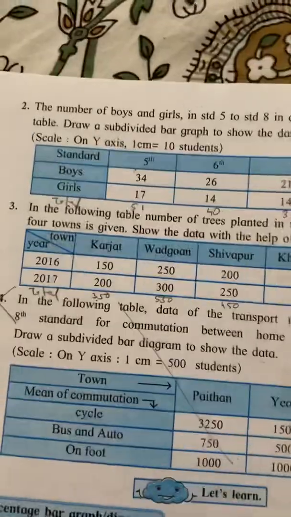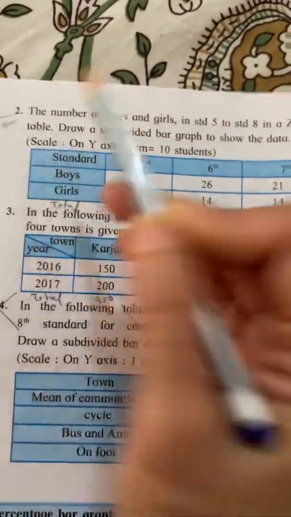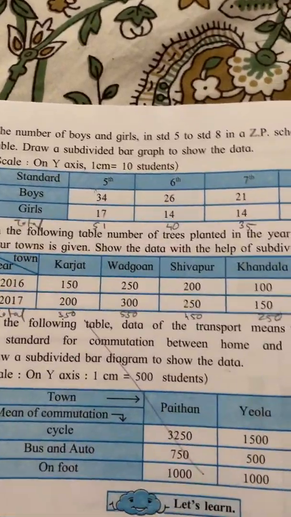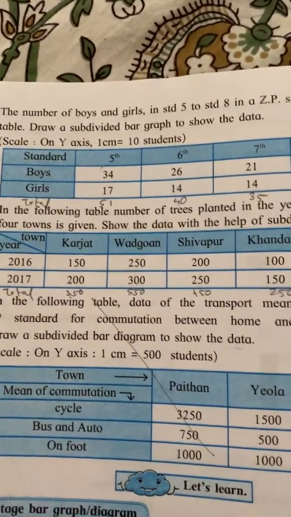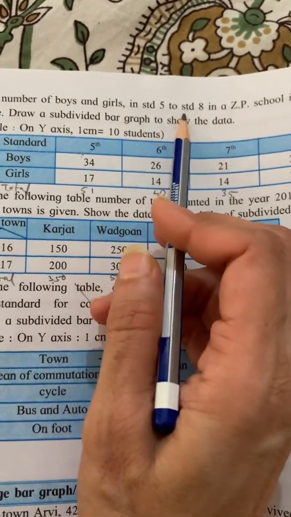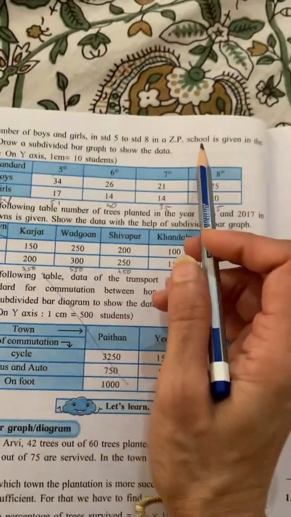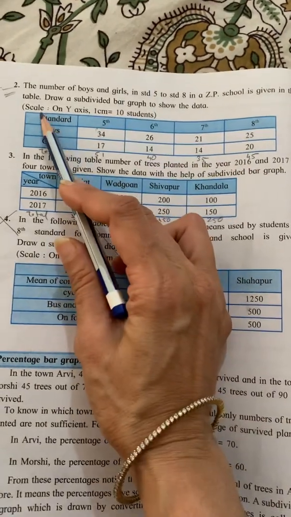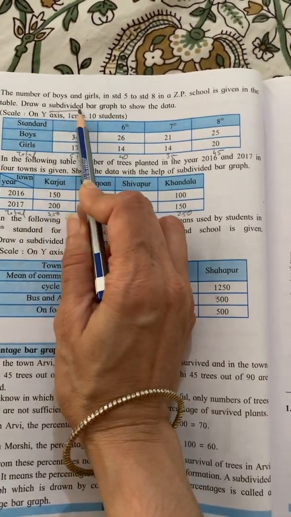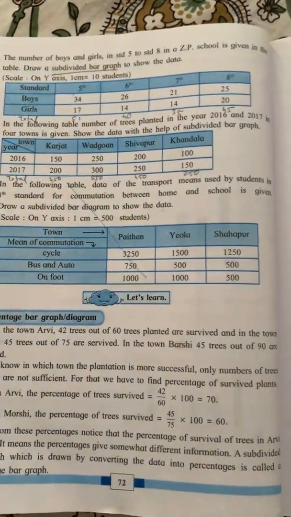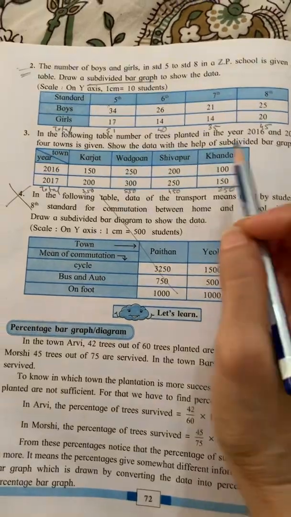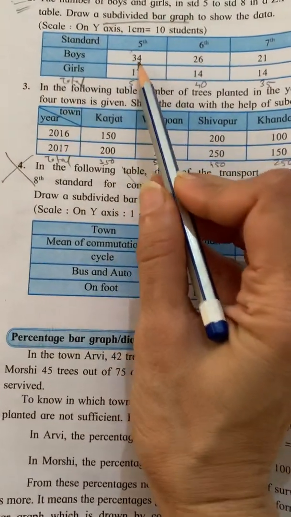Now I will solve question number 2. In question number 2, they have said the number of boys and girls in standard 5th to standard 8th in ZP school is given in the following table. Draw a subdivided bar graph. Now here they have mentioned a subdivided bar graph, so you should know what a subdivided bar graph is. When they say subdivided bar graph, the first step is you have to write the total.